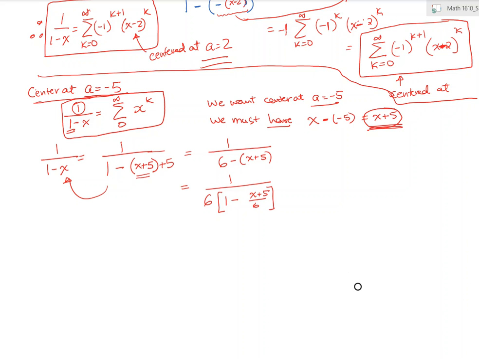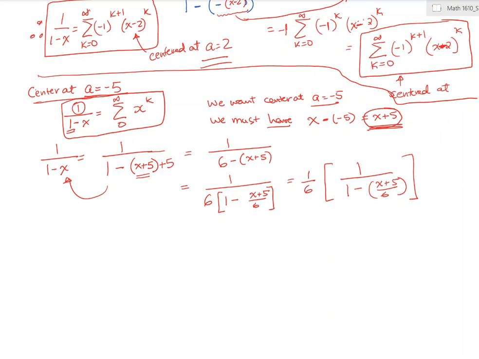So that means this is 1/6. This 6 can come up like this, or actually doesn't really matter. It can be written as 1/6 like this. 1 over 1 minus x plus 5 over 6.